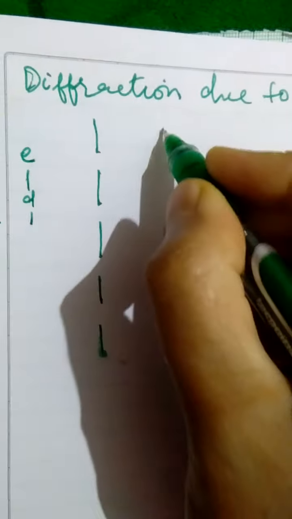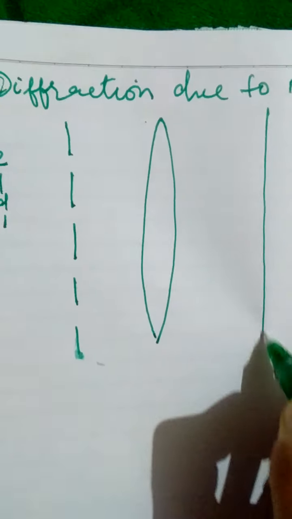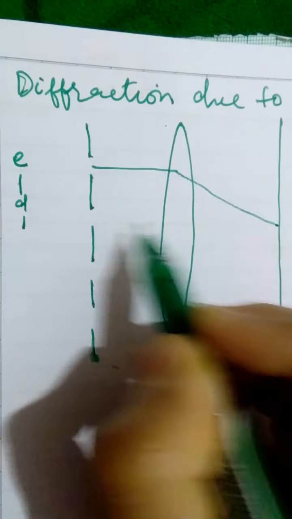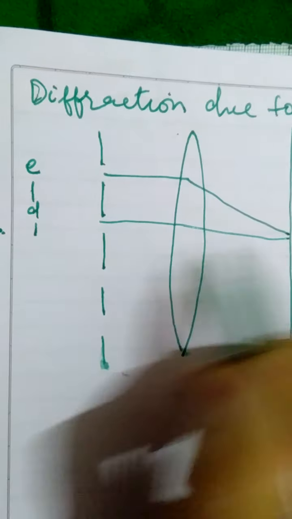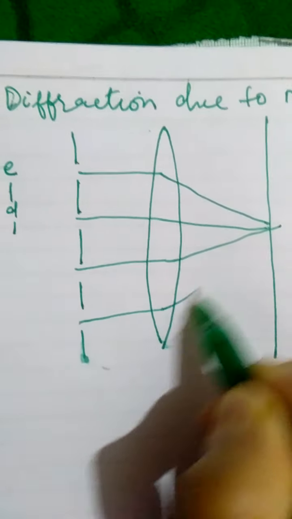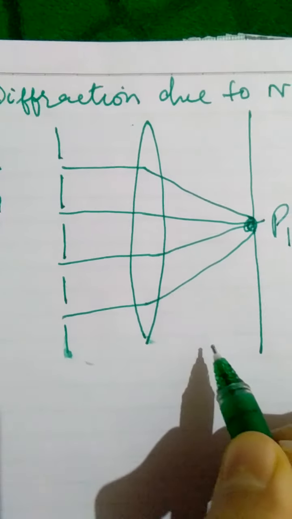So since it is Fraunhofer diffraction, we shall place a convex lens, a collimating lens, and after that there is the screen, right? The rays of light meet at a point like this, giving one of the points, say P1, right?